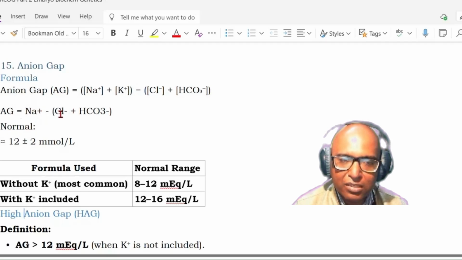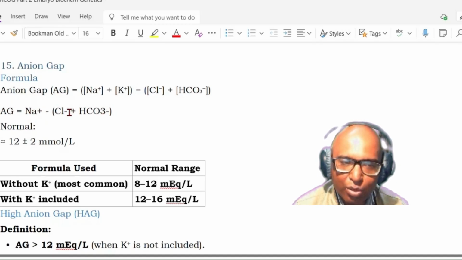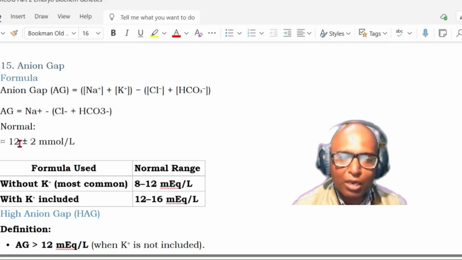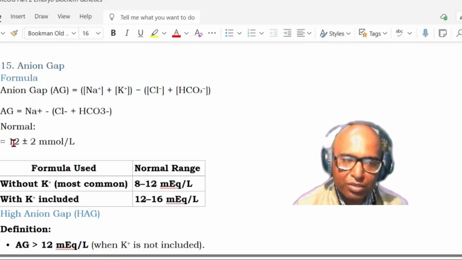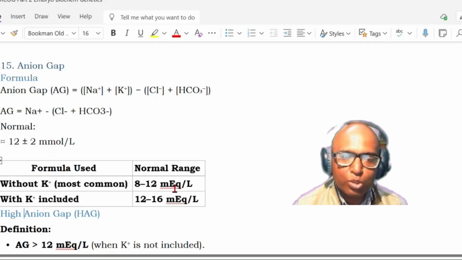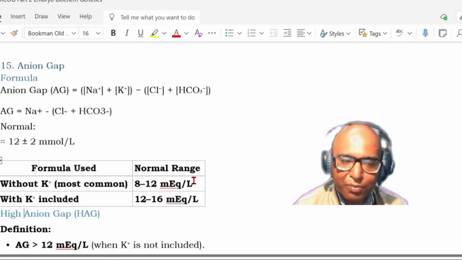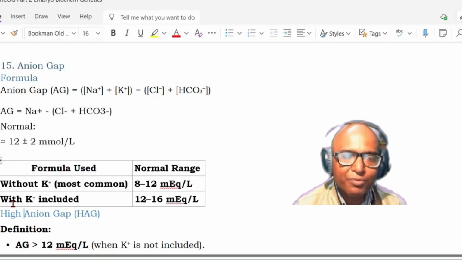So sodium minus all negative ions is also a way of stating the anion gap. Negative ions are chlorides and bicarb. The normal value you are supposed to know is 12 plus or minus 2. Without potassium, the most common range is 8 to 12 milliequivalents per liter, but most of the time potassium is not taken into account.